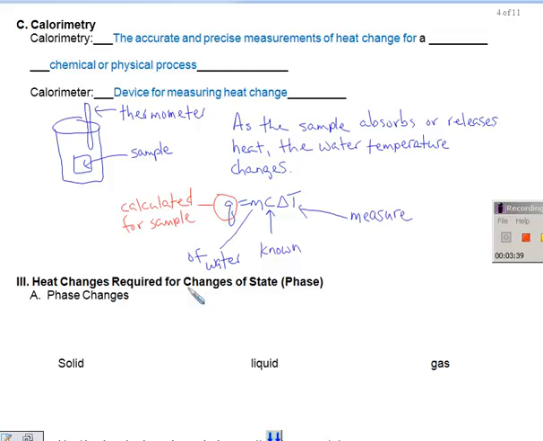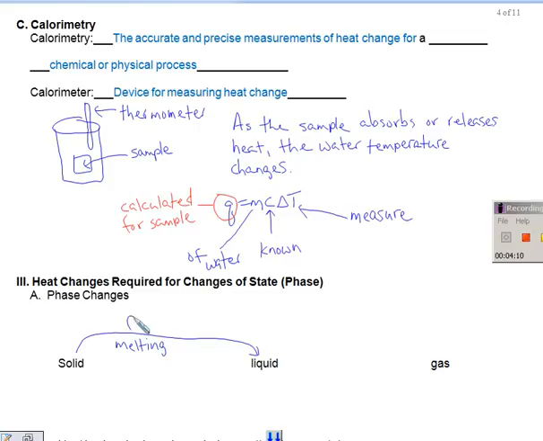Now let's take a look at heat changes as we go through phase changes. And we're going to draw a little diagram here. As we heat up a solid and we convert it to a liquid, this has the term melting that we use in day-to-day usage.